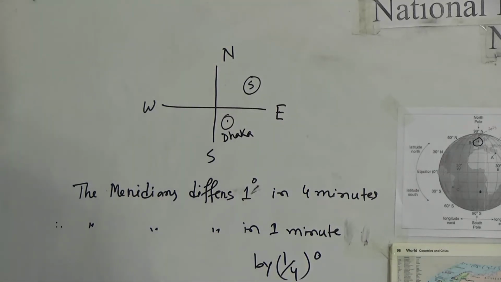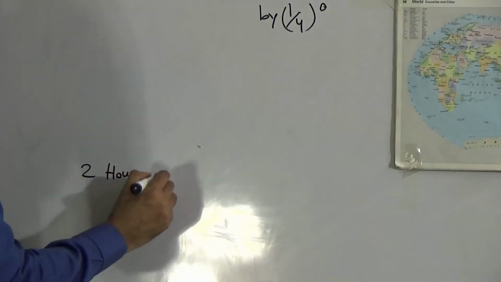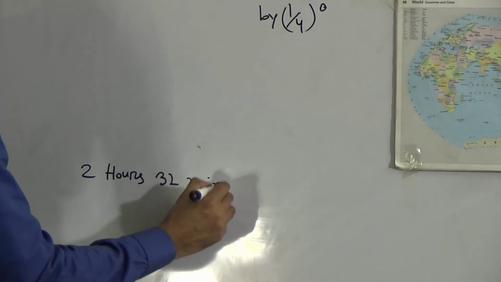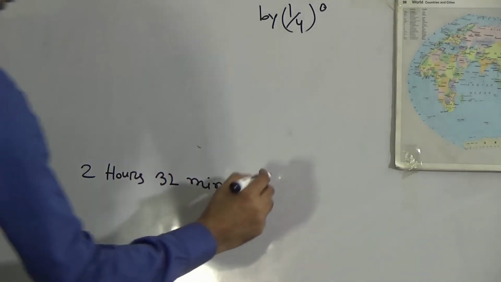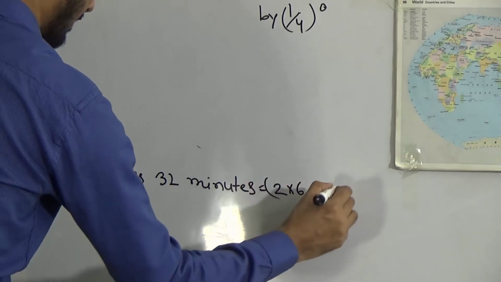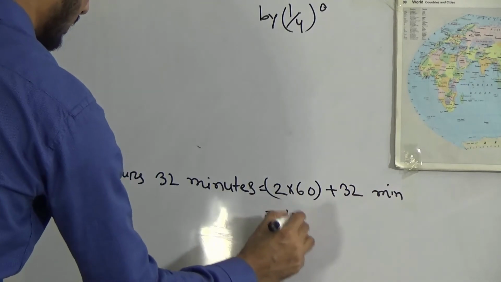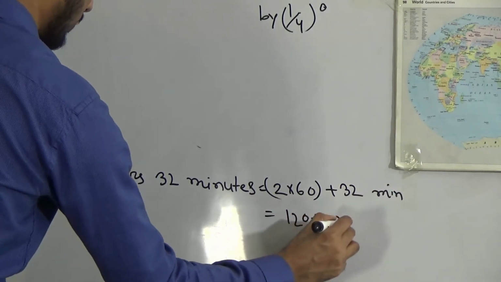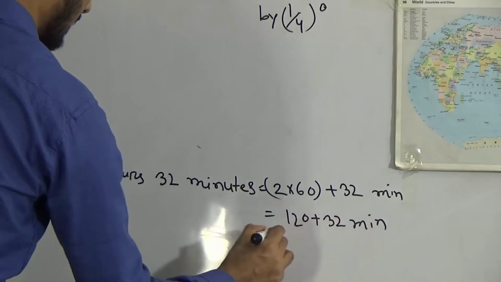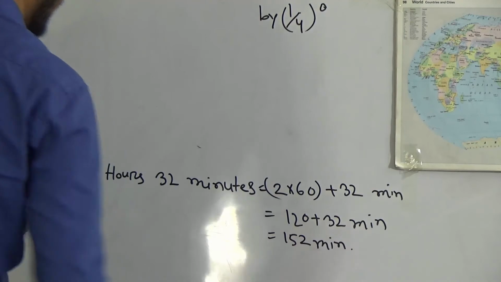At first we will calculate the time difference in minutes. Look, 2 hours 32 minutes equals 2 into 60 plus 32 minutes, that means 120 plus 32 equals 152 minutes.